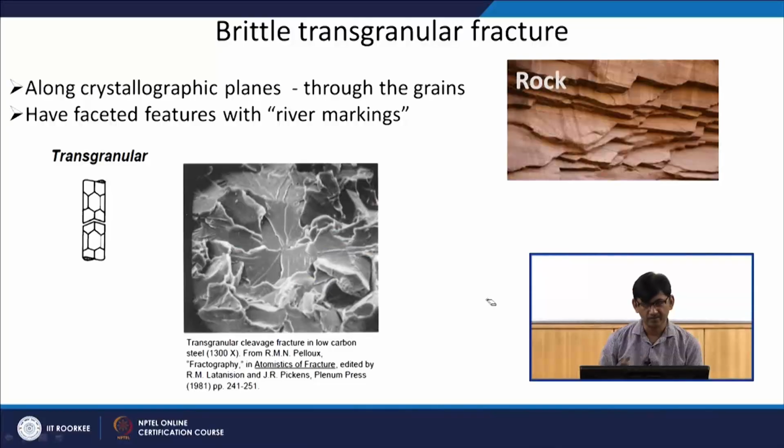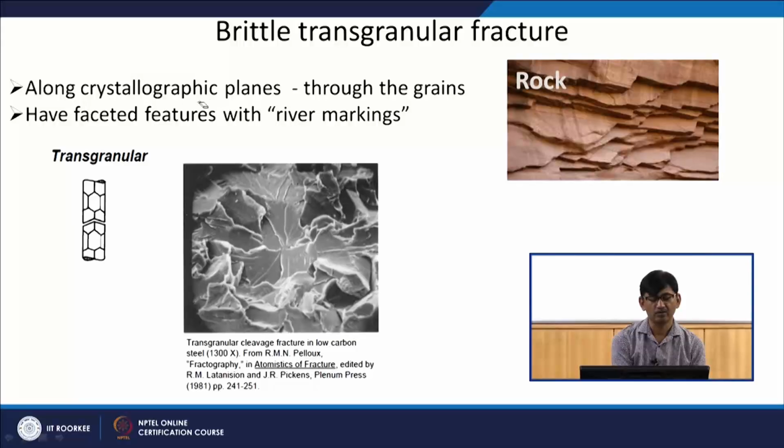Now we will look at different types of fractures. First is brittle transgranular fracture, that means through the grain. When you have a brittle transgranular fracture, the crack is propagating along the crystallographic planes or through the grains, and usually you get a faceted feature with river markings.